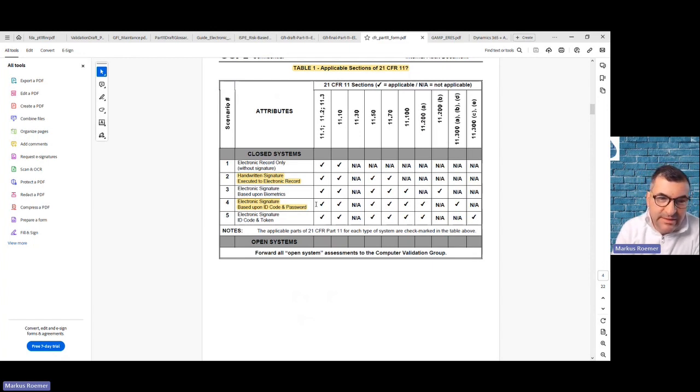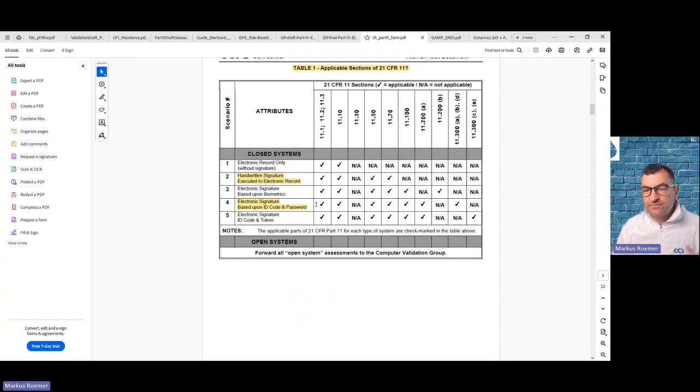In 99% of all cases, you will say we provide the electronic signature, which should be an advanced electronic signature, not a qualified electronic signature, not a digital signature. Within the boundaries of your company, you can define to use an advanced electronic signature. So you have scenario number 4 here in this table.